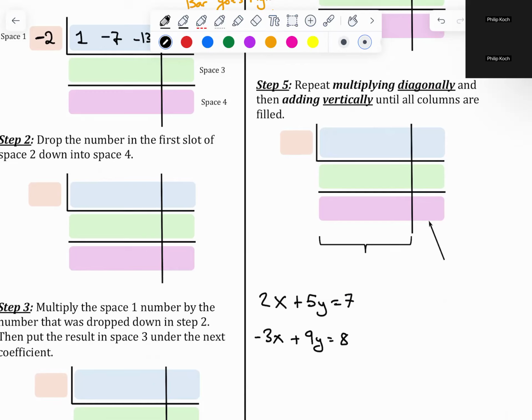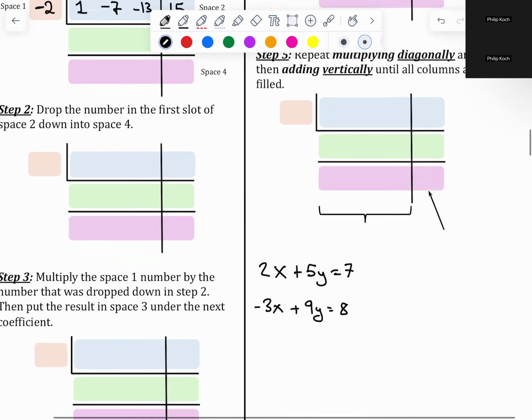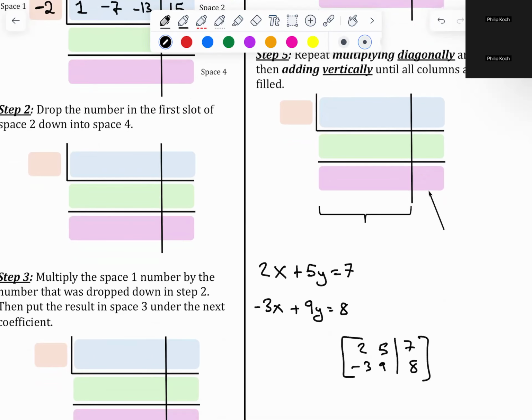But in matrix algebra, in math 253, you will learn how to write these in a matrix. You'll write it as 2, 5, negative 3, 9, bar, 7, 8, like that. And you can solve it so much faster with matrices.